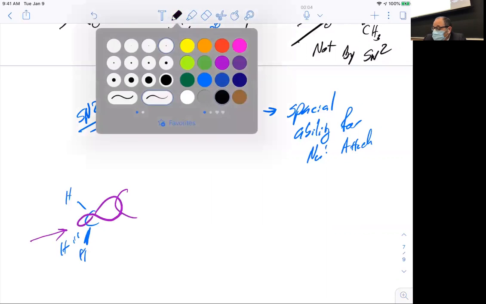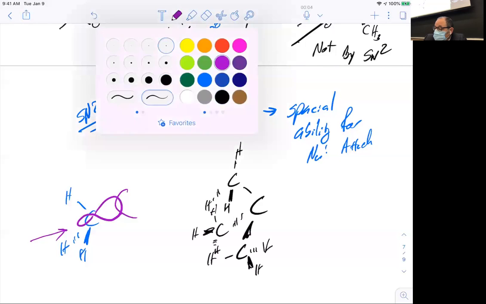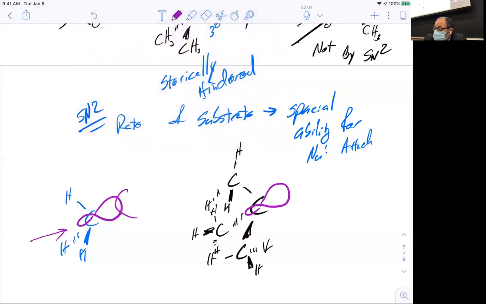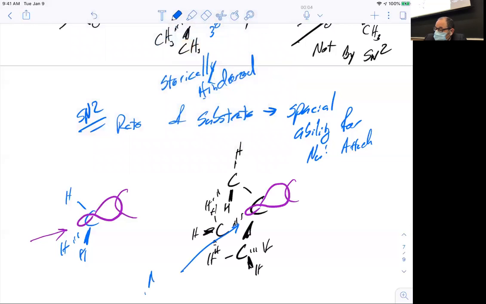But by the time we get to our CH3, our tertiary position, we have no access to that anti-bonding orbital.